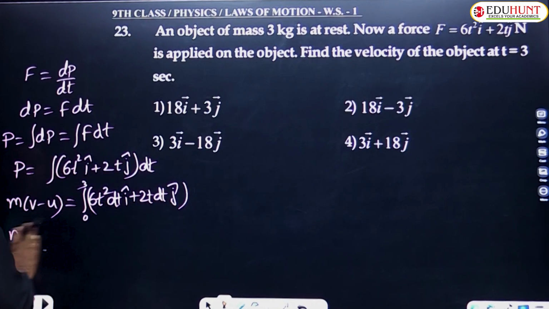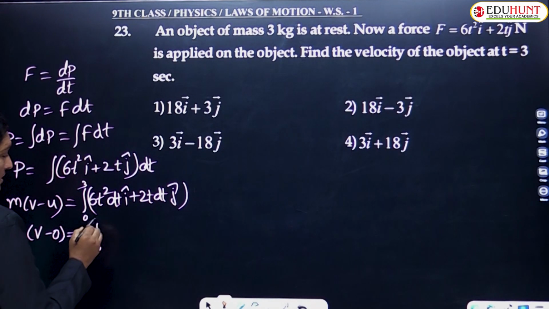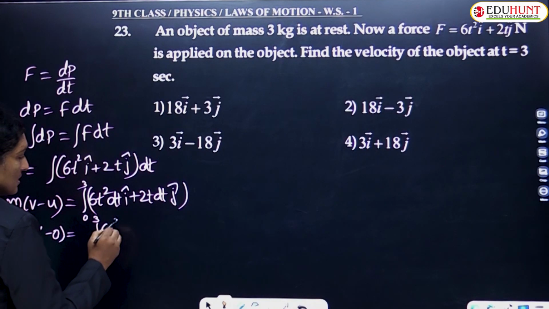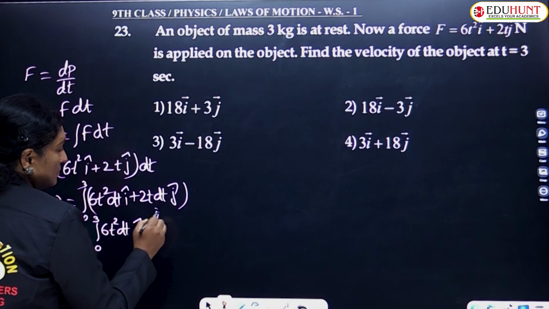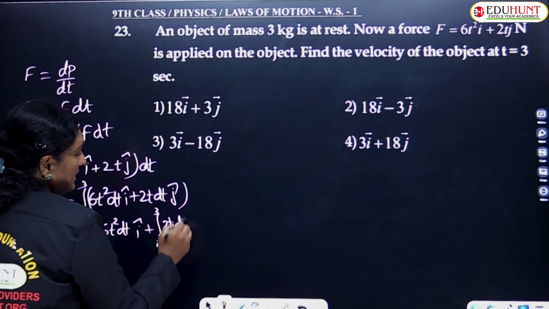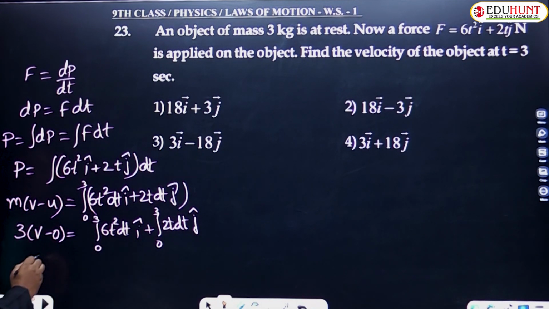Hence the mass itself is given as 3. Final velocity you are asked to find out. Initially it was at rest. Taking them separately, we have integral 0 to 3 of 6t square dt i cap plus integral 0 to 3 of 2t dt j cap. That's it. So v minus 0 itself is v, children.